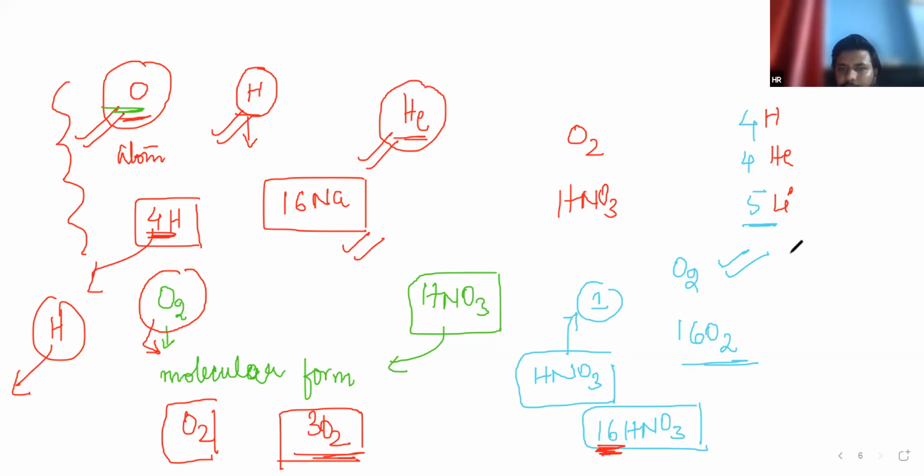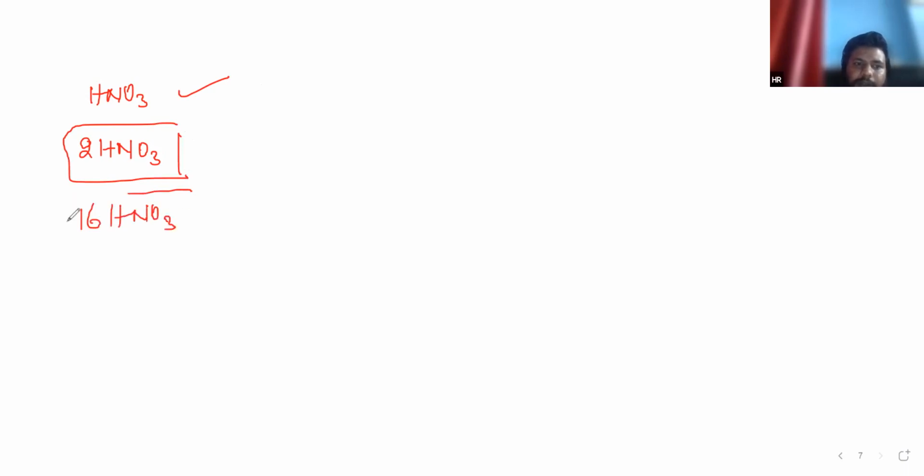Just see another example. HNO3 is 1 unit. It is 1 molecule of HNO3. If I multiply it by 2, that means 2 molecules of HNO3. If I'm writing 16 HNO3, that means 16 molecules of HNO3.